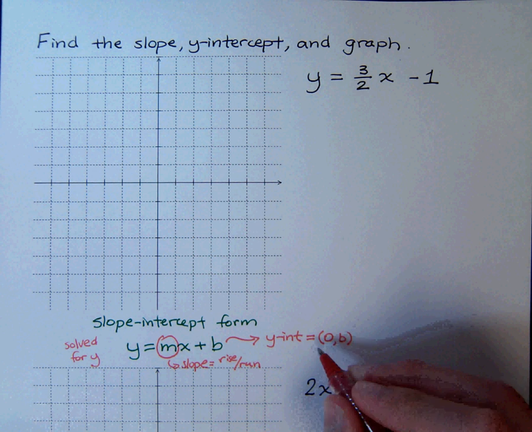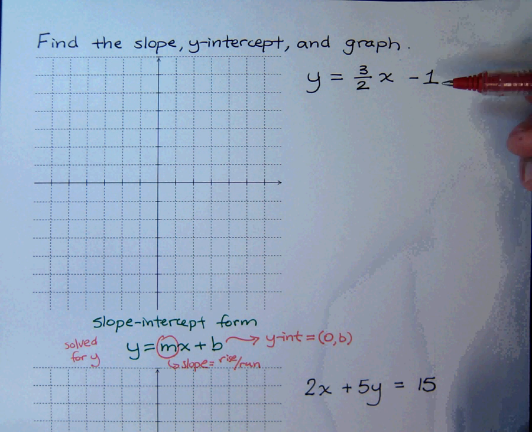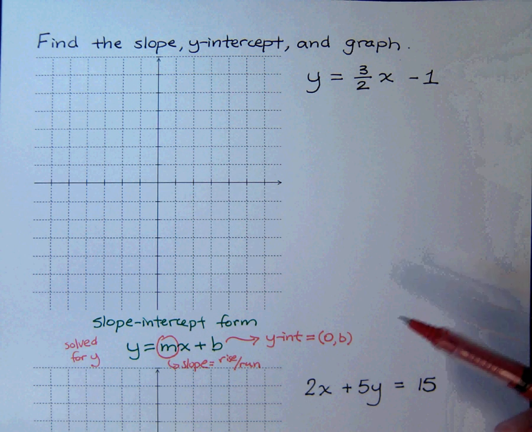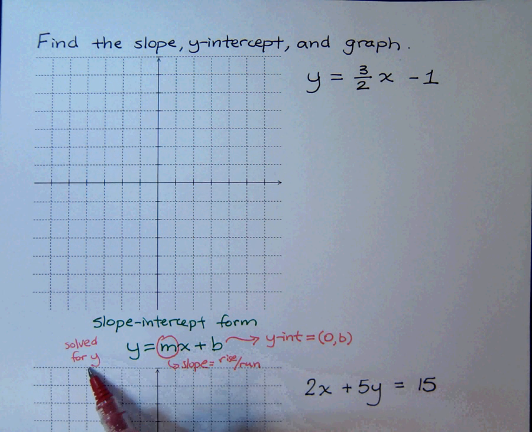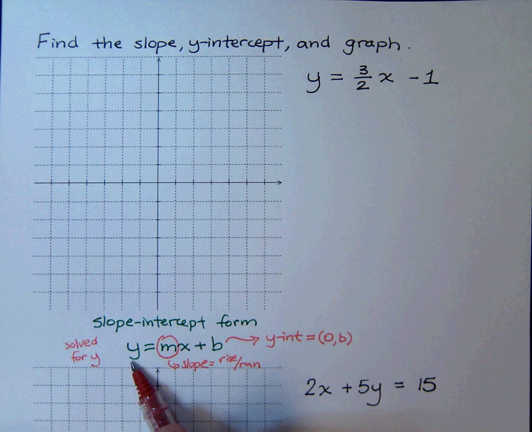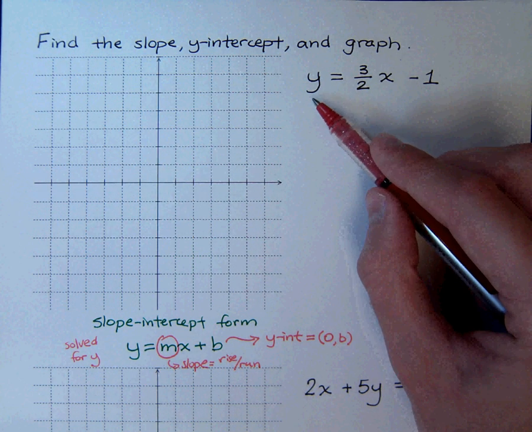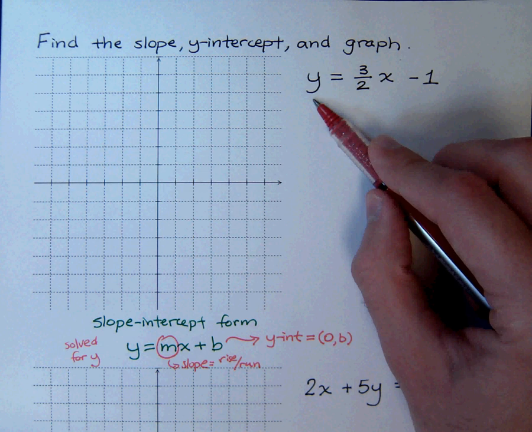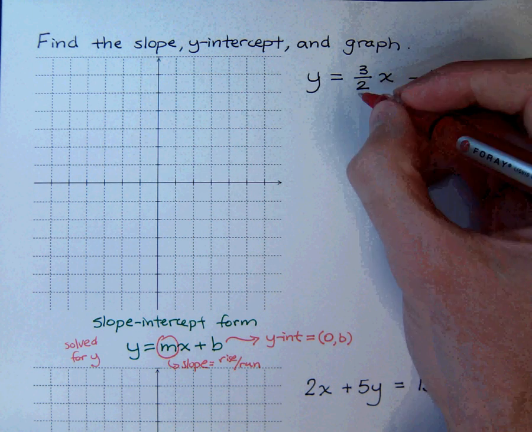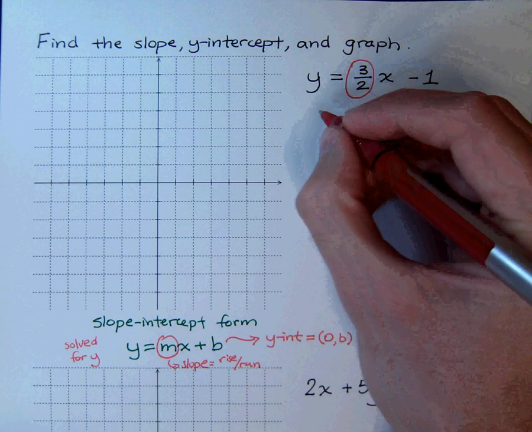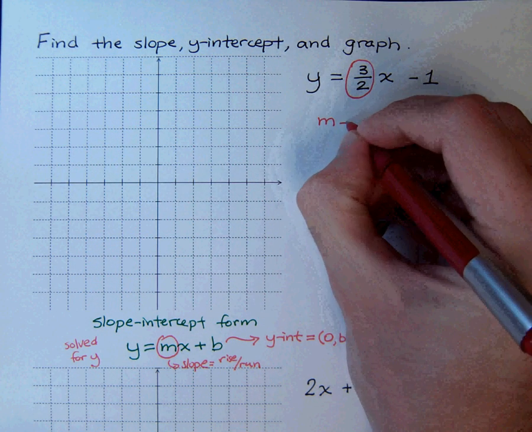So let's take this slope-intercept form, and let's work this guy out. Now, we saw with the slope-intercept form that it has to be solved for y. Now, I was really nice to you, thank you, you're welcome, that I already gave you one that was solved for y. So if that's the case, the coefficient of x, 3/2, is going to be my slope.